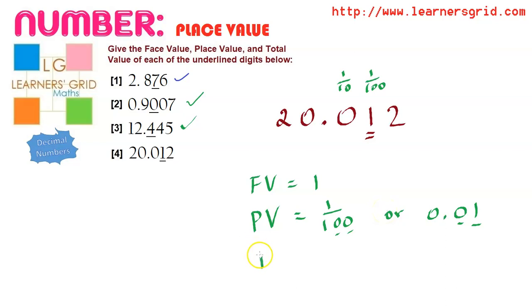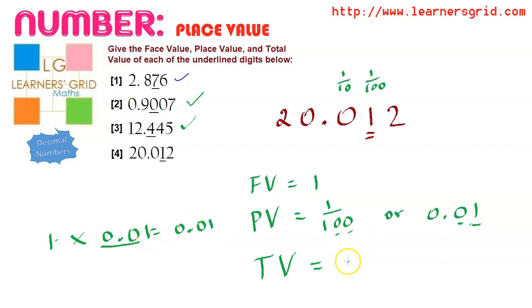So that's that. Total value, all I have to do is take the face value and multiply it by the place value, 0.01. So as the answer, I just have to copy this bit and then multiply 1 times 1, which is 1.